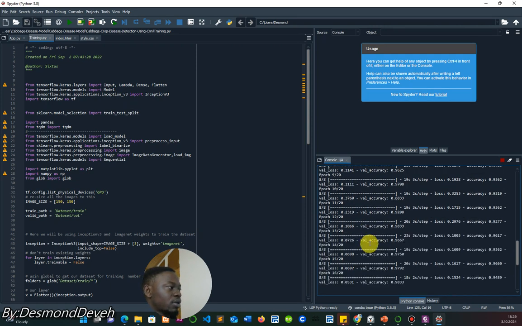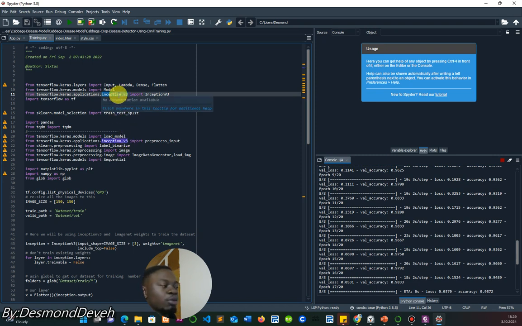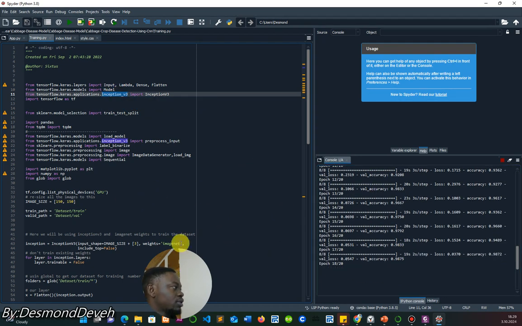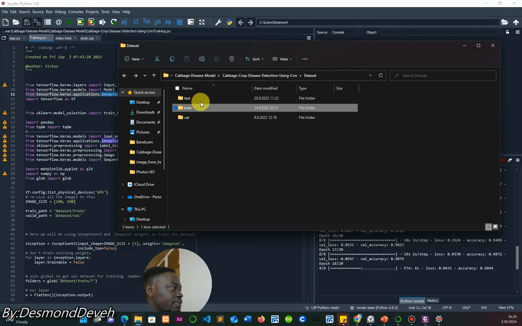So that is the power of Inception V3. Inception V3 can read images and identify images according to the data set that you give it. So it will be able to do that only based on the images I have given to it. According to my data set, I have two types of diseases that I am basing on.